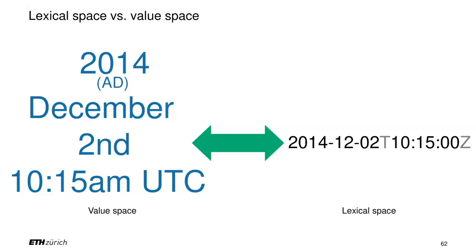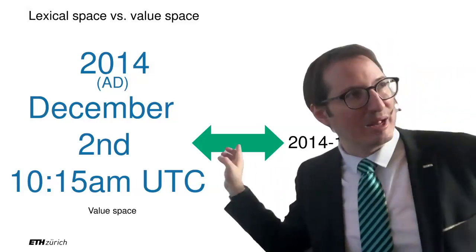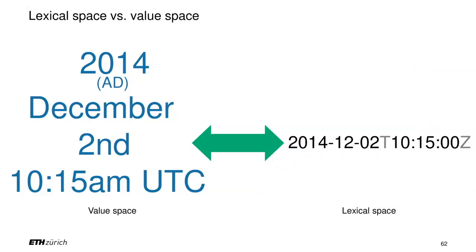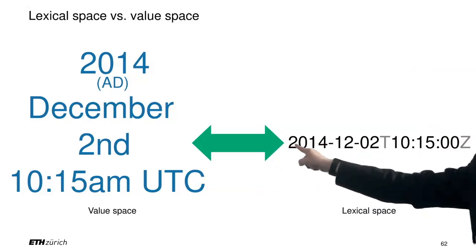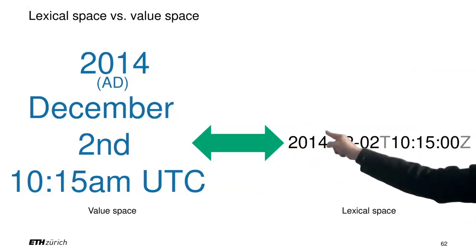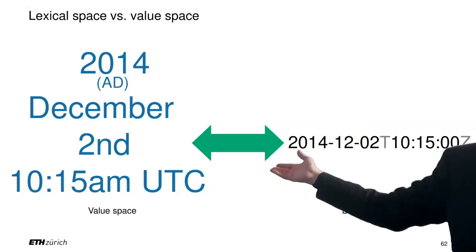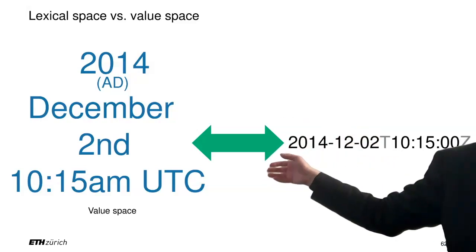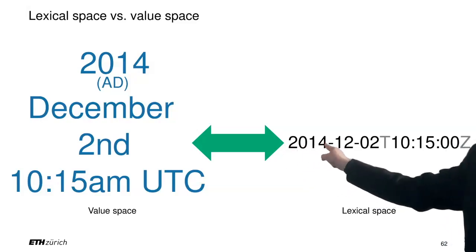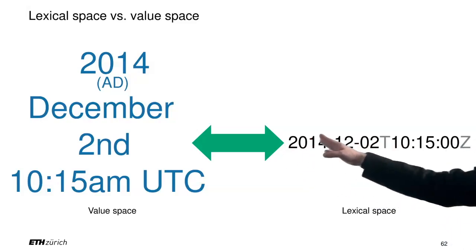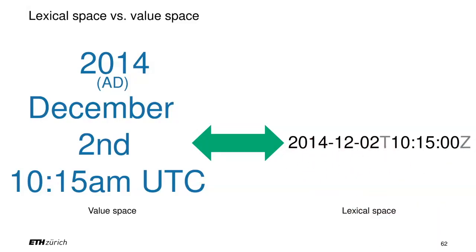a nice example. In the XML document, that would take a lot of space because this is a sequence of characters. It's 2014-12 and so on. If you're optimistic and say, okay, this is 8 bits per character, this is 1, 2, 3, 4, 5, 6, 7. So that, let's say 20 times, that's already 160 bits, right? That's very, very long.